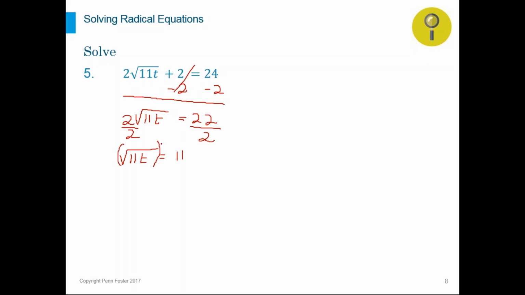I need to square both sides and square the 11 here. So 11t equals 11 squared, which is 121. Now I need the value of only t, not 11t, so divide by 11 on both sides. So t equals 11. That would be your answer.